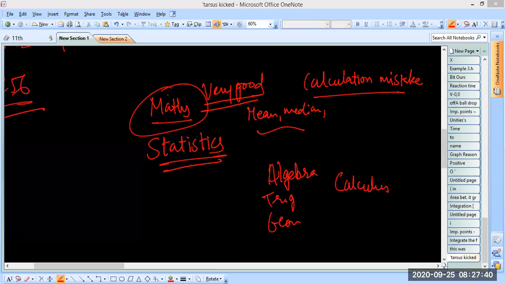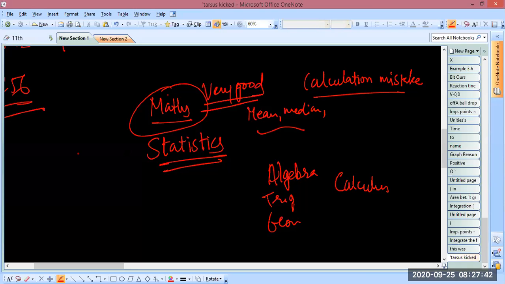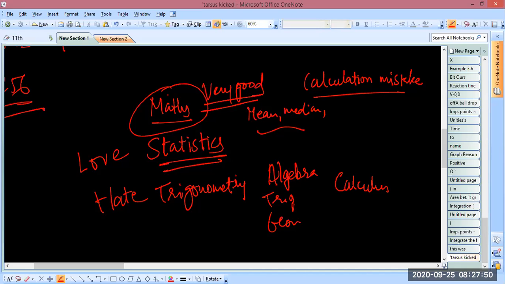See, it is almost like a rule. Those who love statistics will almost hate trigonometry. Am I right or not? I know this. There are very few people like Divya here who like both.